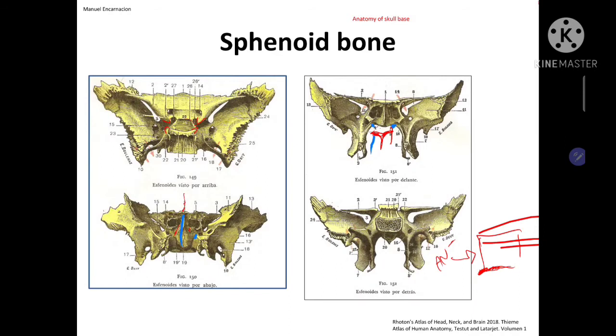Okay, here. So this is the vaginal process between the turbinate of the sphenoid and the medial plate of the pterygoid process. We have the vaginal process of the sphenoid. We cannot see it here in this picture.